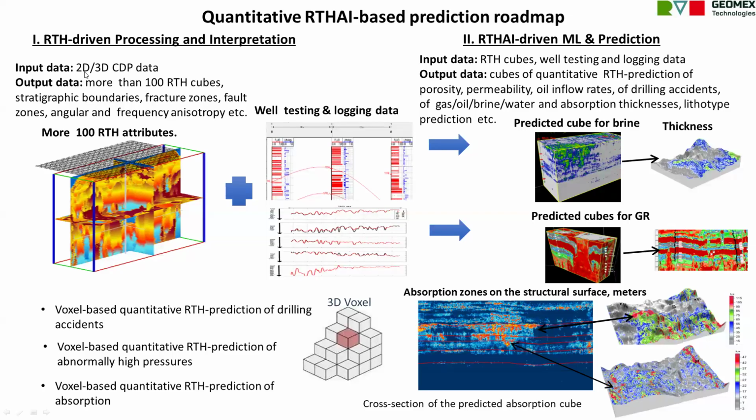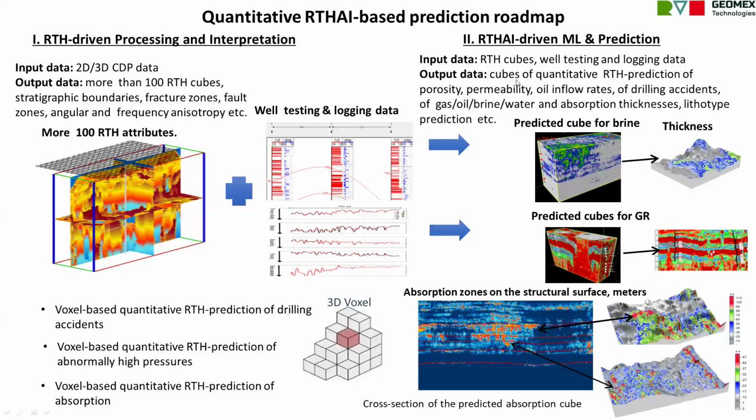We use input data, this is our data which we can see before, and we use the one attribute and merge with the well testing and logging data. And this is the next part of our prediction, using the RTH cube and well testing data.